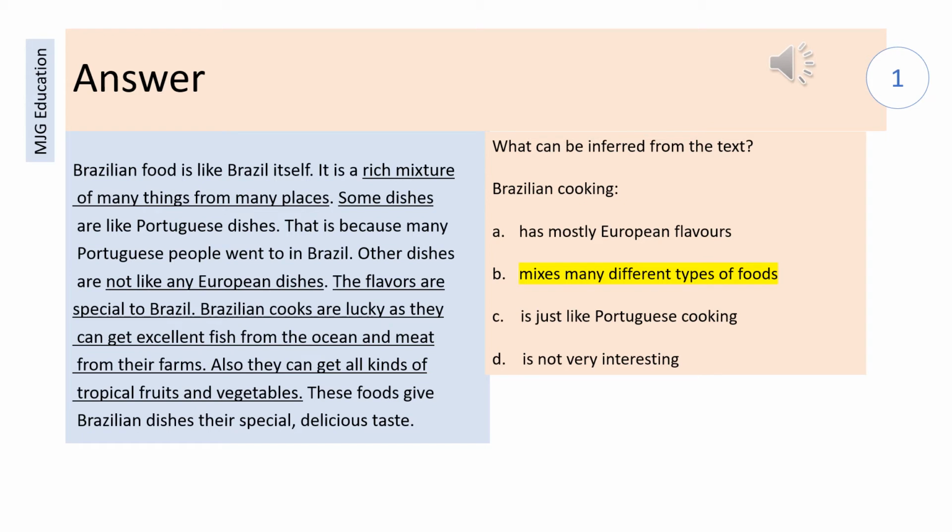When it talks about Portuguese cooking, it says some dishes are like Portuguese dishes, not all of them. So part of the Brazilian cuisine is going to be this way. The last one says it's not very interesting, and that's not mentioned at all. Actually, the opposite is mentioned. It says it gives their dishes their special delicious taste. So the only possible answer really by elimination would be B, mixes many different types of foods.